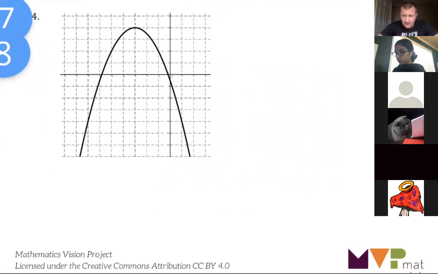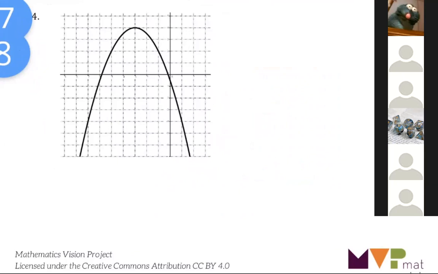Seven's really, really tough. The one that you have for proficiency today isn't as tough as 7.